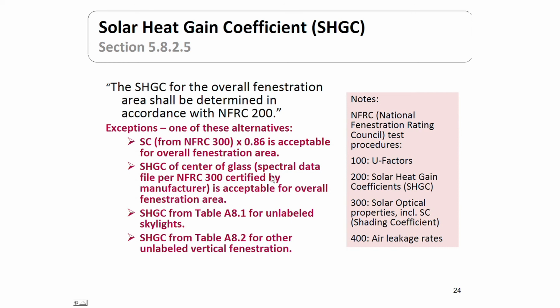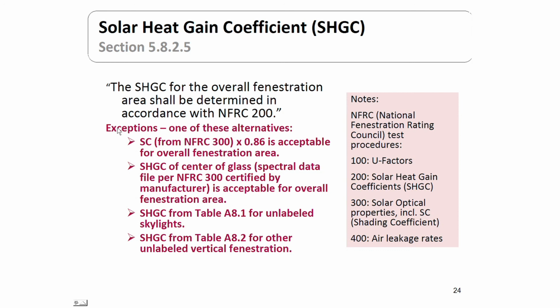And in lieu of that, some years ago we used to always be told that windows have a shading coefficient. And that was available from NFRC. That was their test method 300. They determined the shading coefficient. And that was the percent solar radiation penetrating a window, but compared only to a single pane glass.